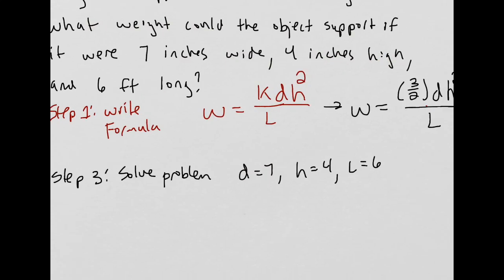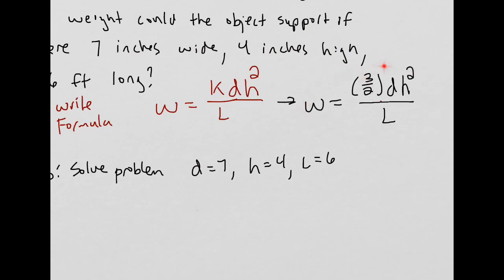So now what I'm going to do is take our formula that now is complete because we figured out that K value, and I'm going to plug in everything that I know. So I don't know W, that's what I'm trying to figure out. So my K is just going to stay as 3 over 2. My D value is 7, and my H value is 4.